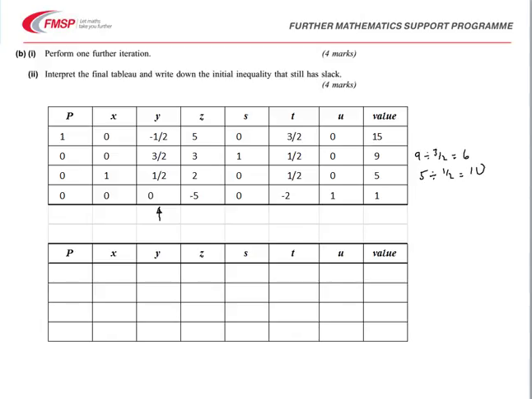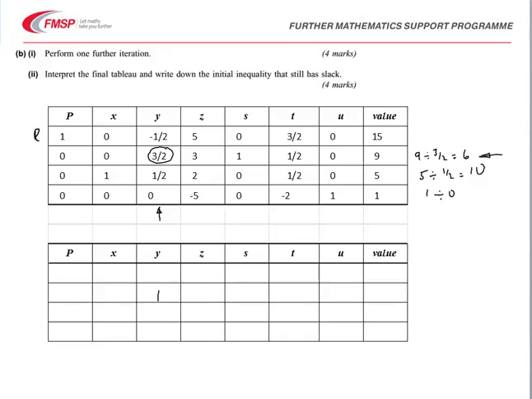And 1 divided by 0, well, it's undefined, I suppose, so you could think of it as being infinite if you like, but the smallest positive value is given by the 6. So that gives us a pivot here equal to 3/2.